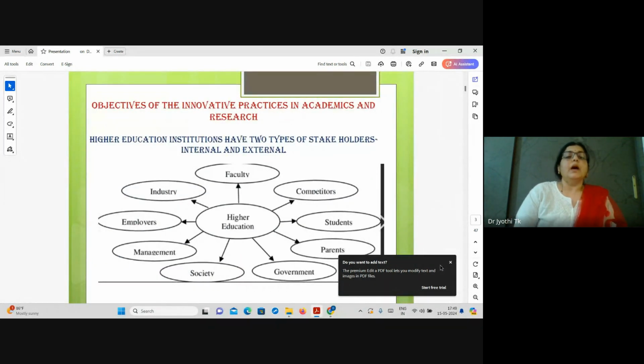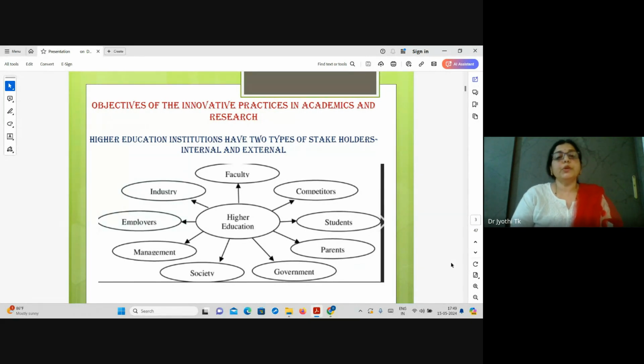So what are all the objectives of innovative practices in academics and research? We all are aware that higher education institutions have many stakeholders. Typically, there are two types of stakeholders, internal stakeholders and external stakeholders.